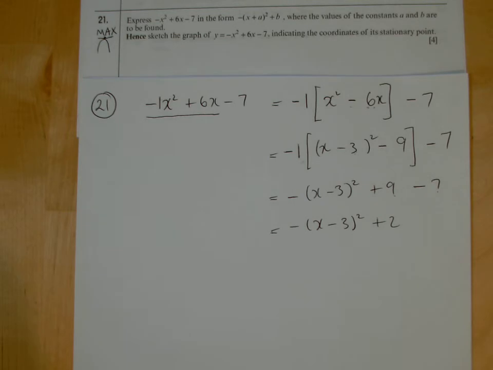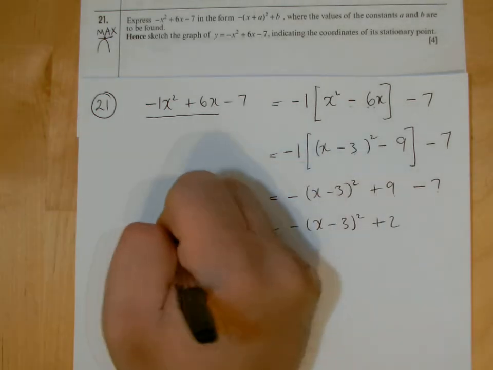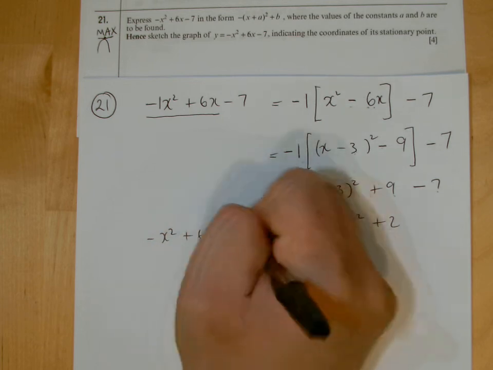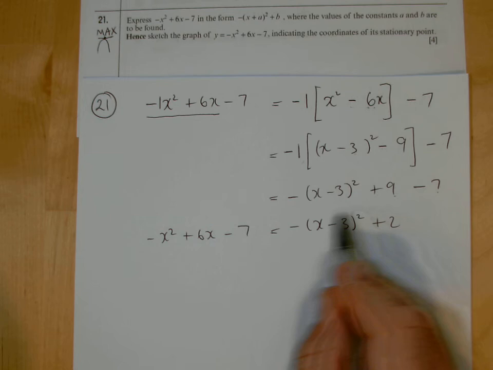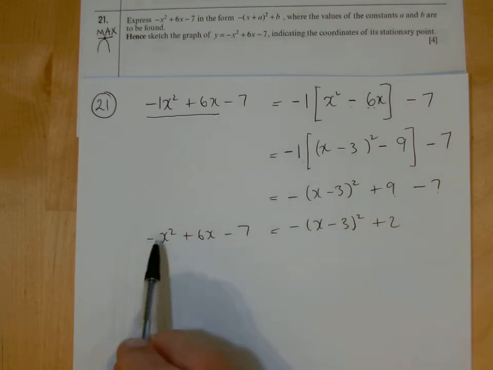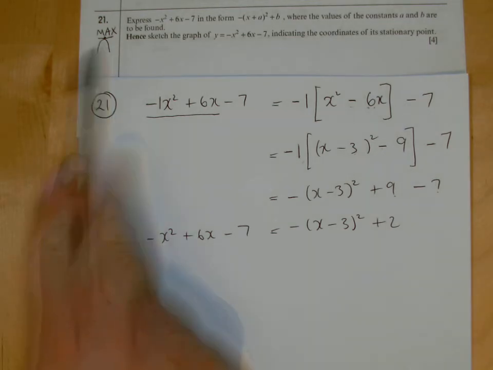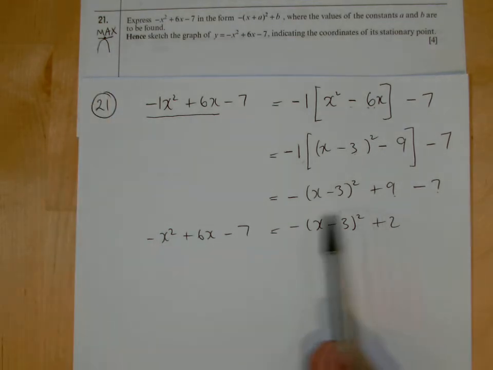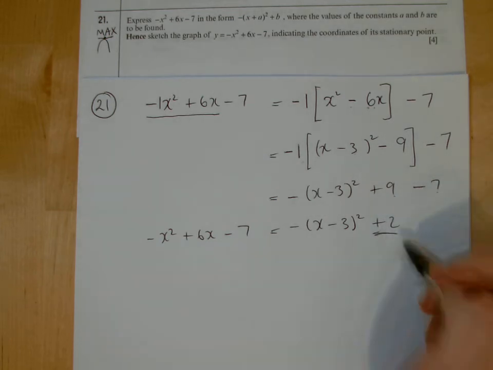So it says then, hence sketch the graph indicating the coordinates of the stationary point. So that's what my quadratic is now equal to, having completed the square. We know it's going to have a maximum because it's a minus quadratic, with a minus in front of the x squared. But we just need to appreciate that this actually does give a maximum, and the maximum will be 2.